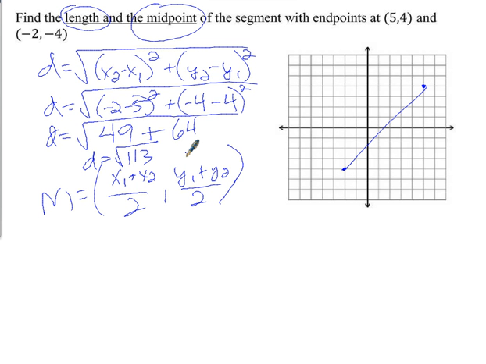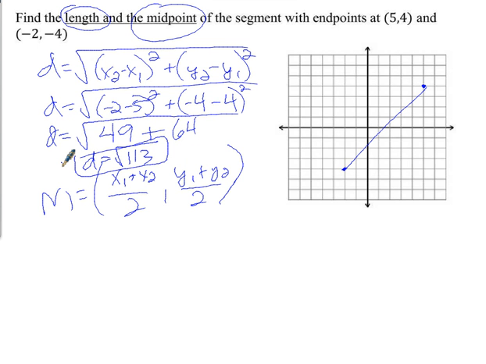No? Okay, if 7 doesn't go into it, then 49 doesn't go into it. 8 doesn't. Maybe 9? No? Okay, 16 no, 25 no, 36 no, 49 doesn't. Is there one? No. So the answer is the square root of 113.